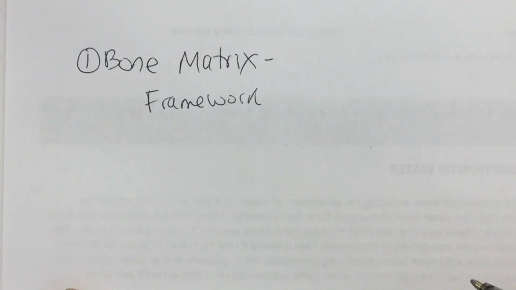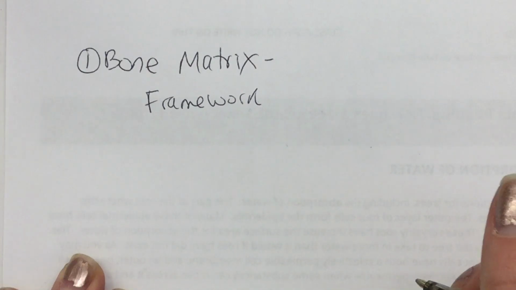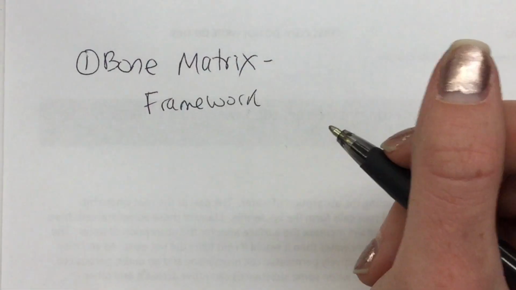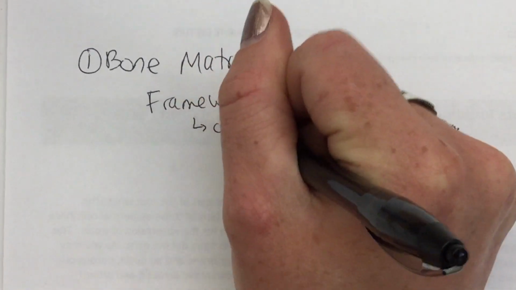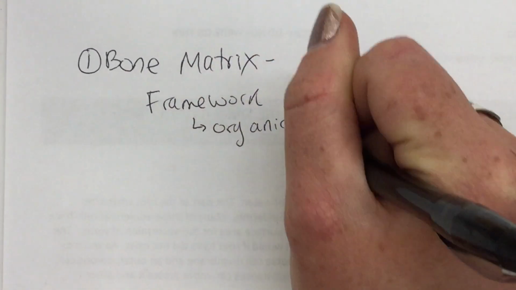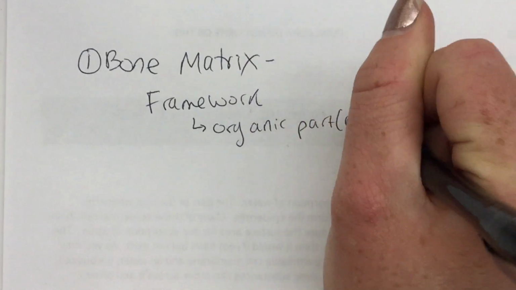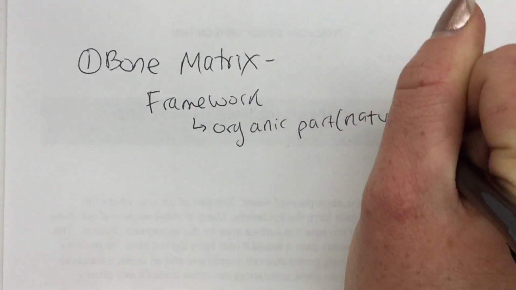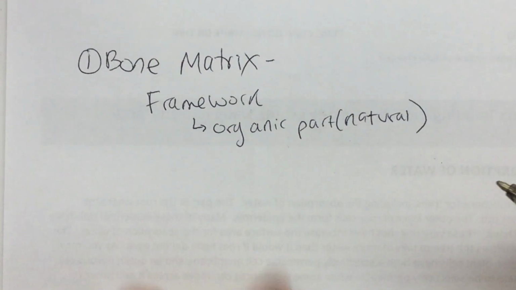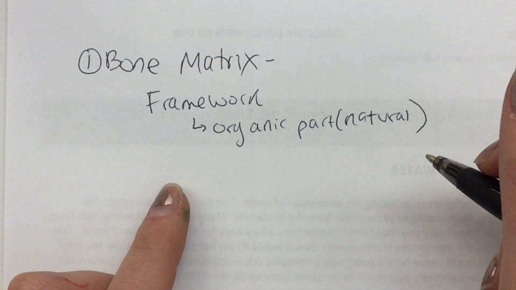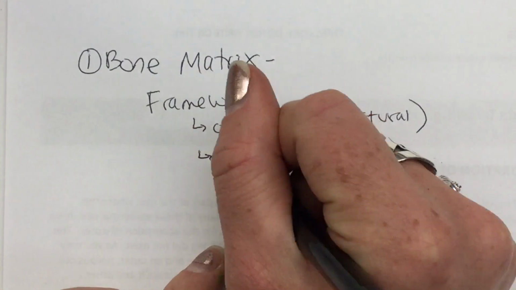So there's two parts to the bone matrix. There's an organic part, and you've probably heard this word before. Organic means a natural part. And this is 35% of the bone matrix. 35% of the bone matrix is made up of this organic part, specifically collagen.